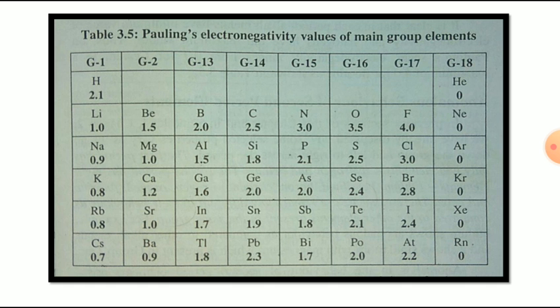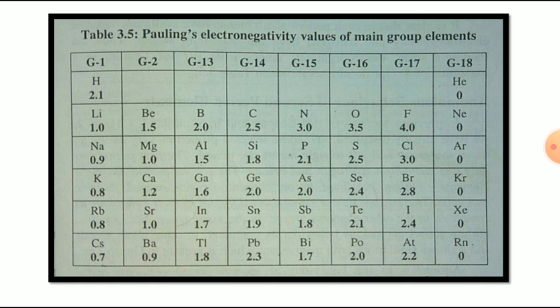But in case of group number 14, it decreases from carbon to silicon, increases from silicon to germanium and again decreases from germanium to tin. See the table, in this table group number 14.